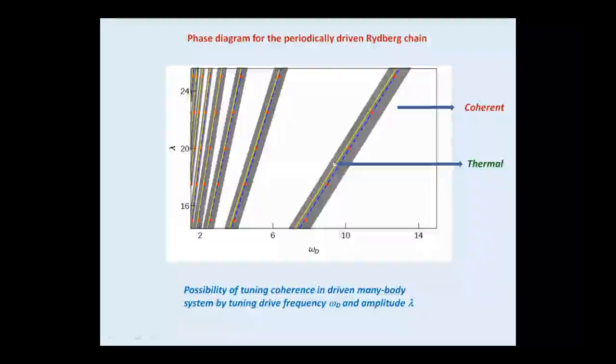Here is the phase diagram. The thermal behavior occurs around these yellow lines, roughly with a spread given by these dark shades. As you go to lower frequency, these thermal behaviors become more and more frequent, and they ultimately cover the entire phase diagram at very low frequency where there are no coherent oscillations. At high frequency, these white regions are the coherent oscillating behavior.